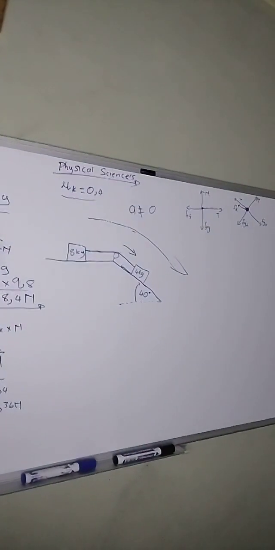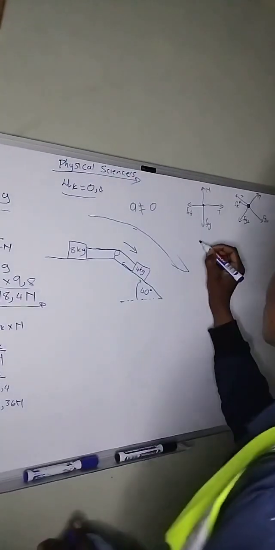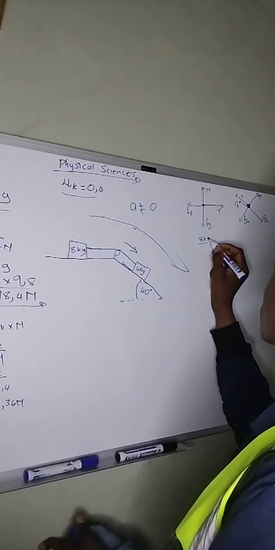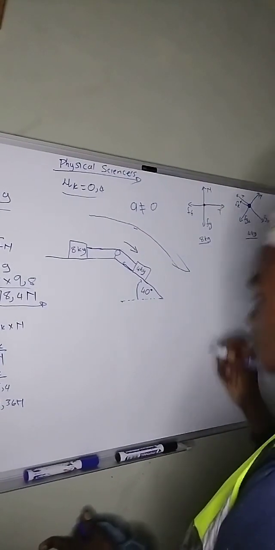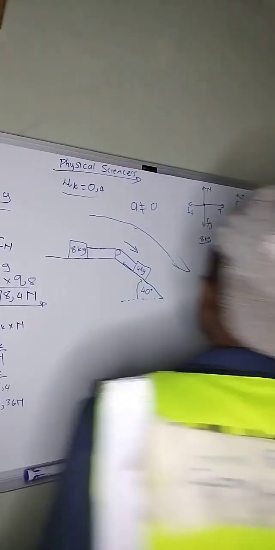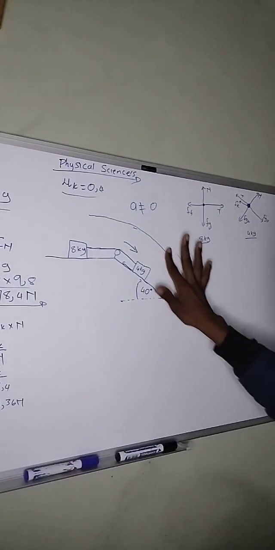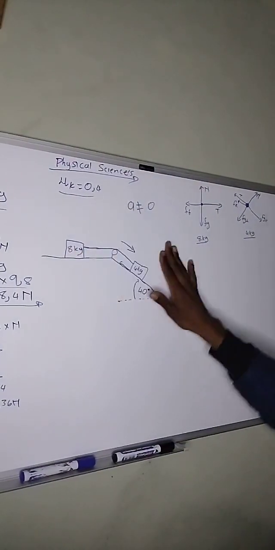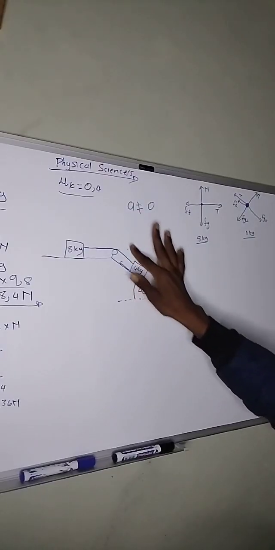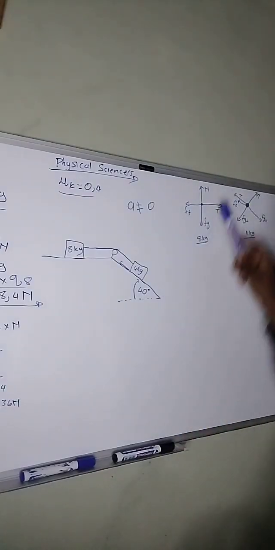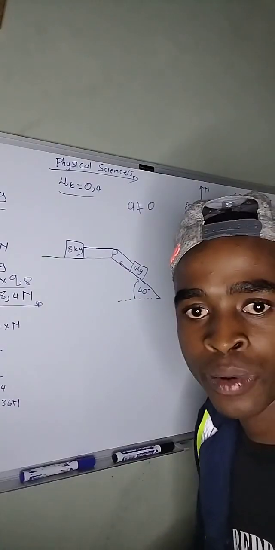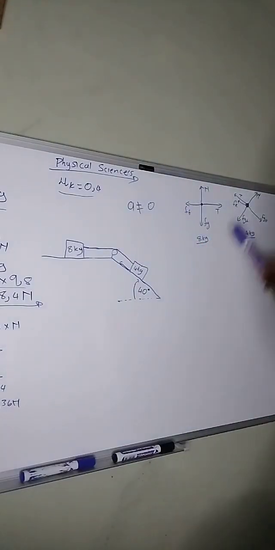So let's see our free body diagram for our 8 kg object. This one is for 8 kg and this one is for 4 kg. Now, since this one is for 8 kg and this one is for 4 kg, do you see how now we can look for acceleration?